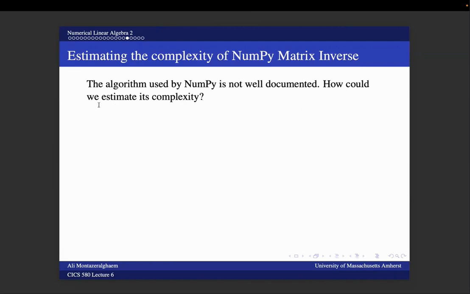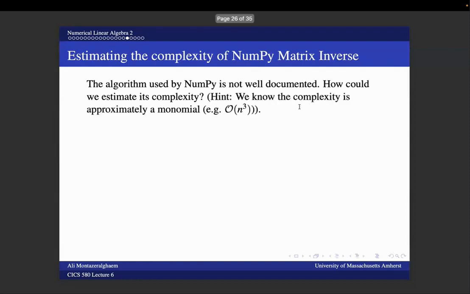The algorithm used by NumPy is not well documented, so we don't know its complexity, but we can estimate it by running some cases on NumPy and finding the runtime. We know that the complexity in the worst case is n cubed, right?